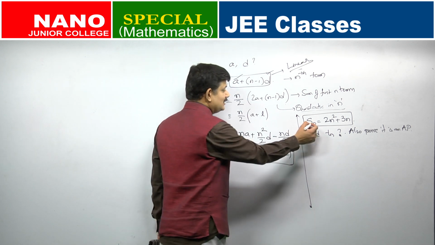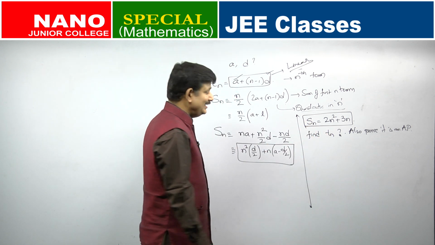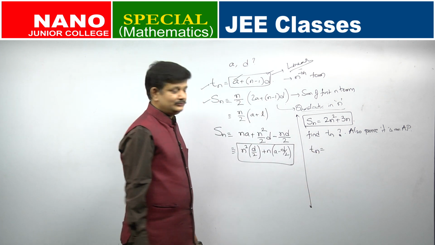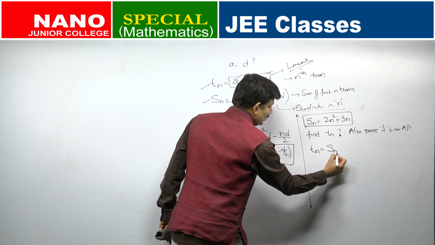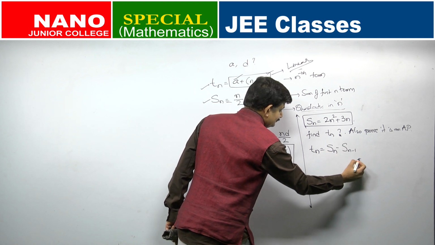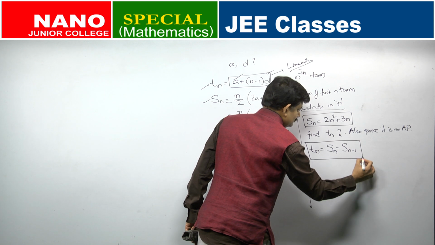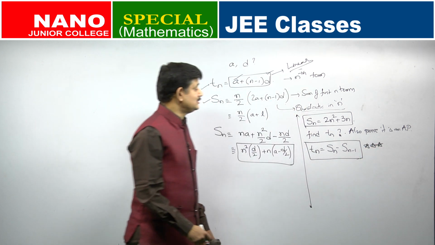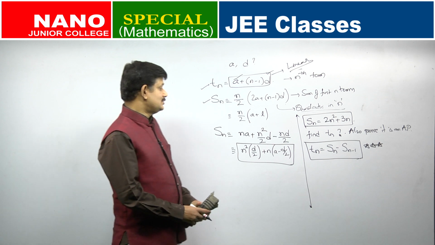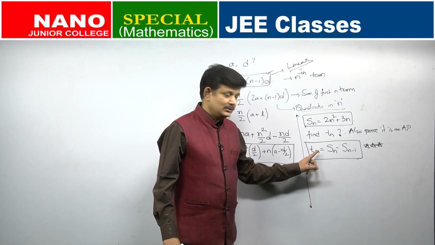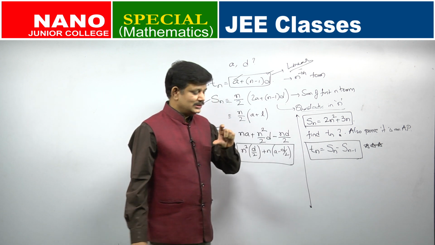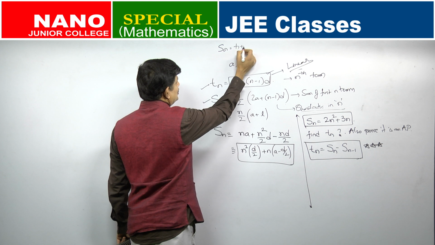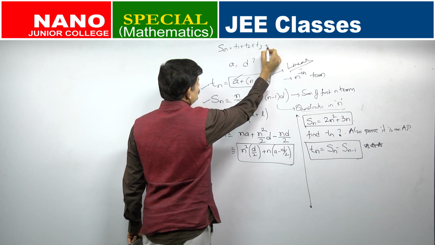So, whenever Sn is given to you and you have to find Tn, remember this: Tn will be Sn minus Sn minus 1. This is very important as far as competitive examinations are concerned. You will get a regular question on this. What is Sn? Sum to n terms, T1 plus T2 plus T3, so on up to Tn.